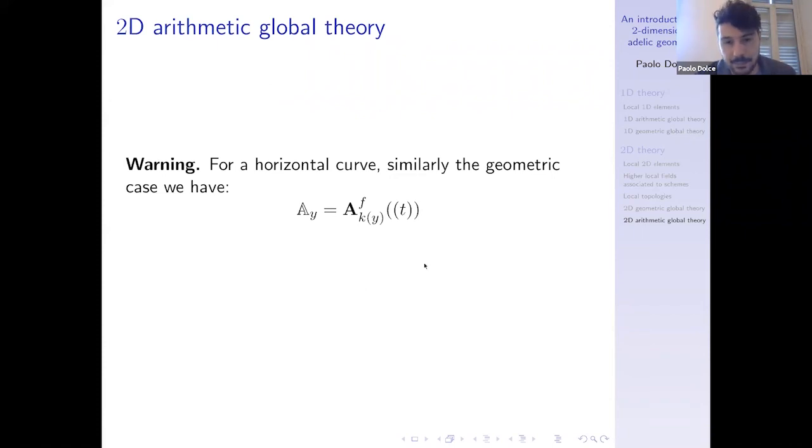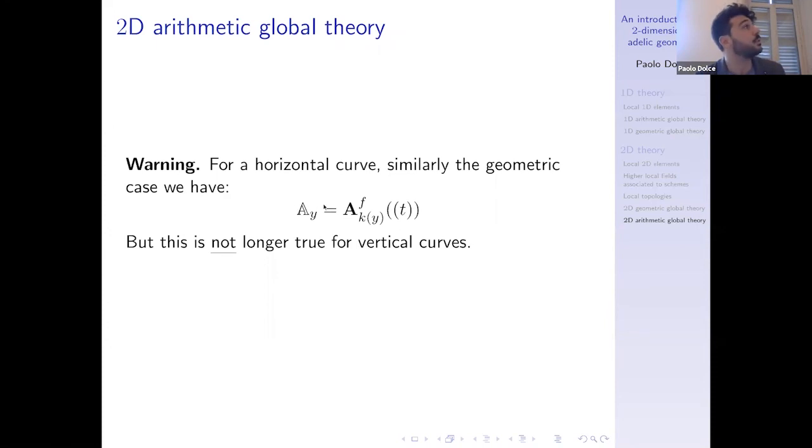In this definition I put F, which means finite adeles, because when the curve is horizontal, of course we're missing the points at infinity of the curve. So this definition holds when you have a horizontal curve, but it is no longer true for vertical curves. For vertical curves, we have a more complicated and abstract version of this object, which is not so explicit. This makes things more complicated, and this is why at the beginning I said that the case of vertical curves is trickier.